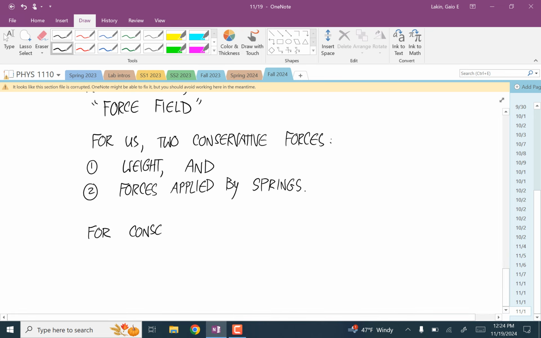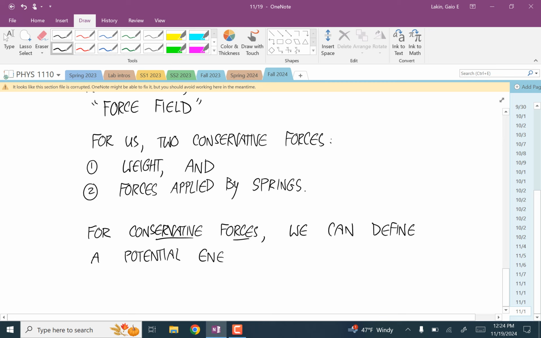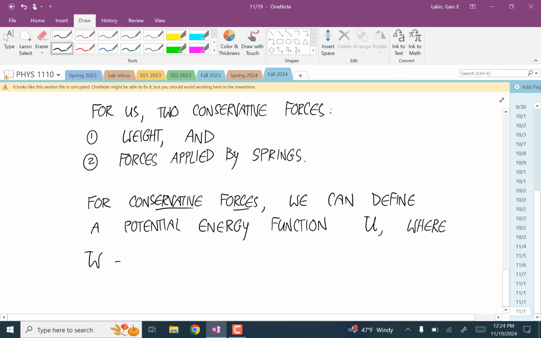For conservative forces, we can define a potential energy function, and I'm going to call this potential energy capital U. The key thing about this potential energy function is that the work is equal to the negative change in potential energy.